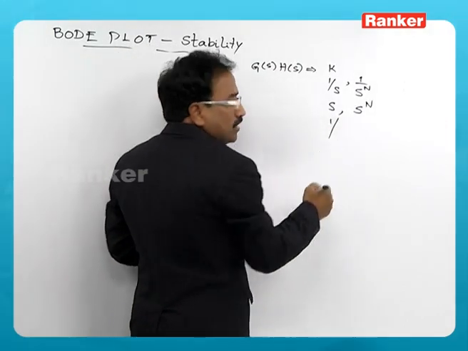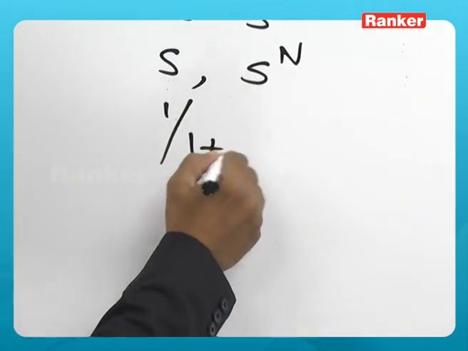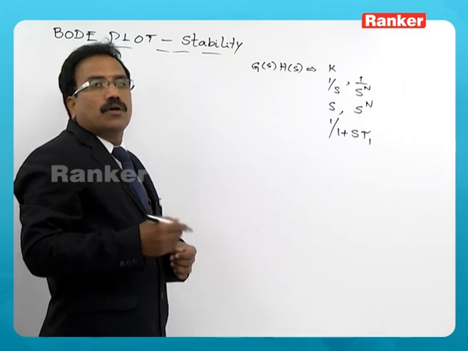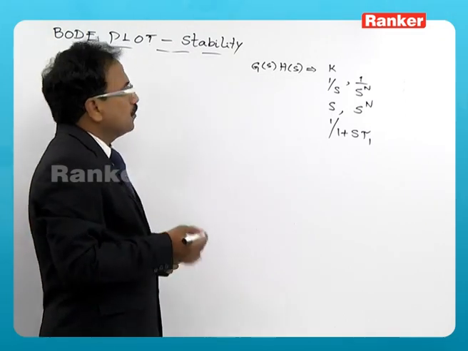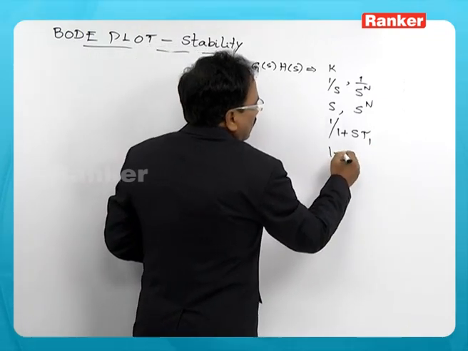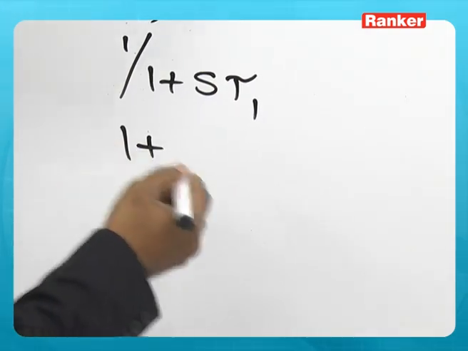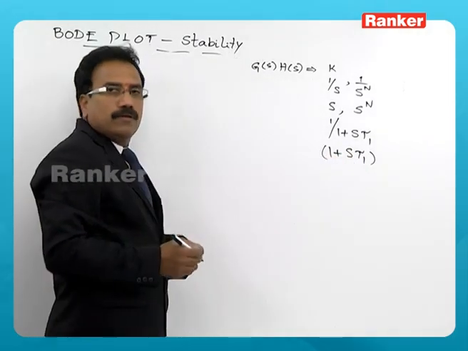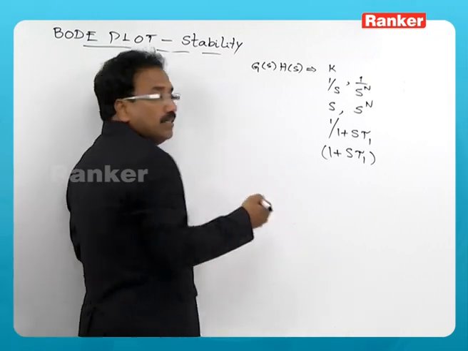Then the first order term like non-zero pole or non-origin pole, and there may be non-origin 0, that is 1 plus s tau 1, and there may be a second order term.